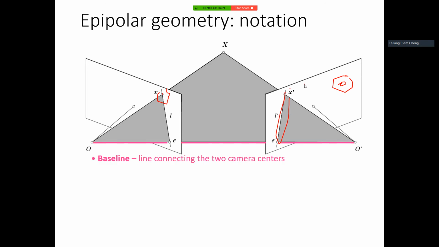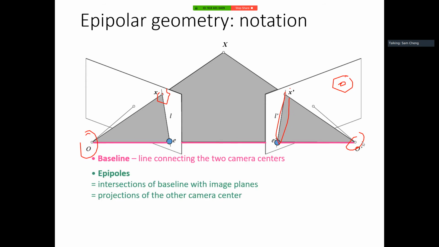And here is some terminology for epipolar geometry. We have this O here, the camera center of the left view and the right view, and the line in space connecting the two camera centers is known as the baseline. The baseline will go through the virtual image plane of the left camera and the right camera, and the point where it goes through is called the epipole.